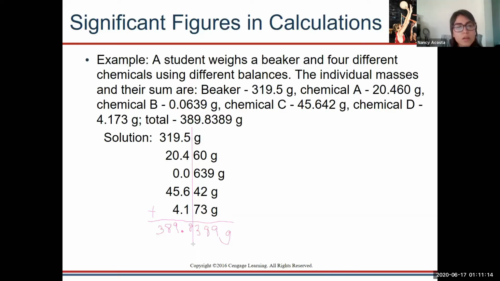It'd be 389.8. Units? Grams. Okay. How many sig figs is that? Four. Four. Piece of cake? Yep. Good. Now you want something more challenging, right? Too easy.